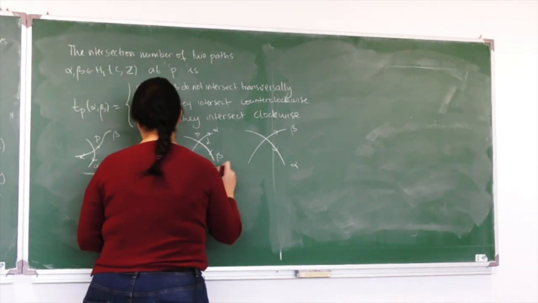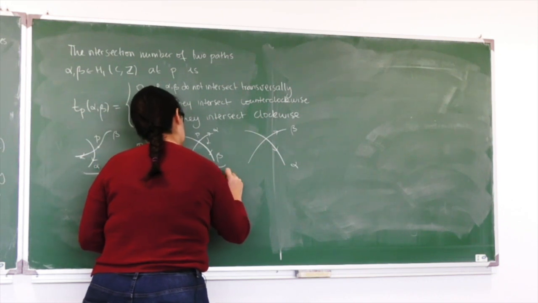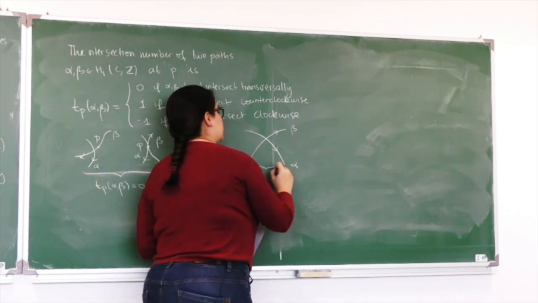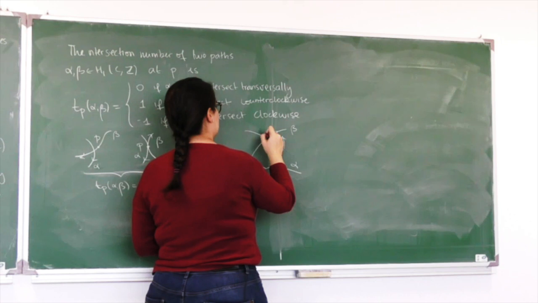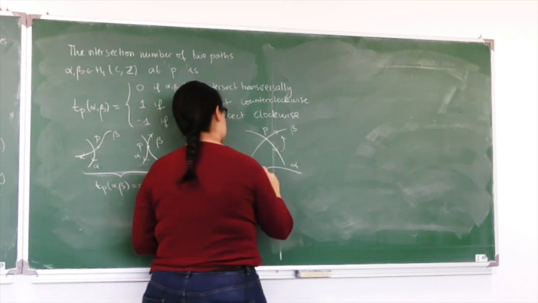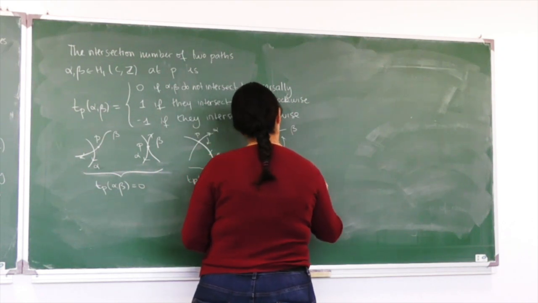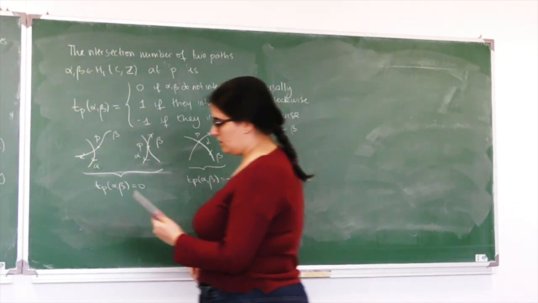So in this case, we have Tp of alpha beta equal to -1. Or in this case, we see that to go from alpha to beta, it's counterclockwise. So in this case, we have the intersection number equal to 1.